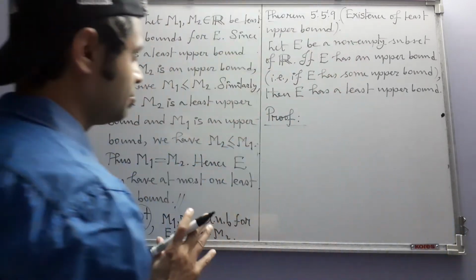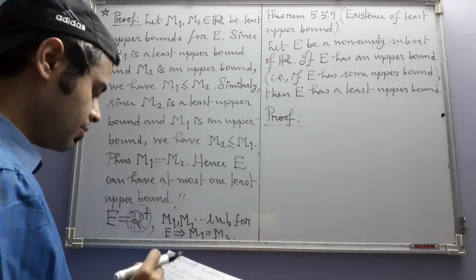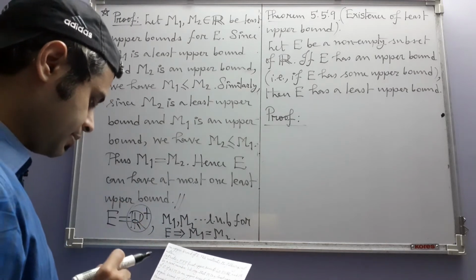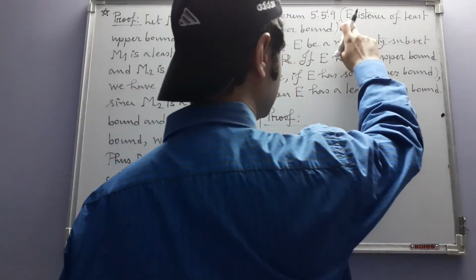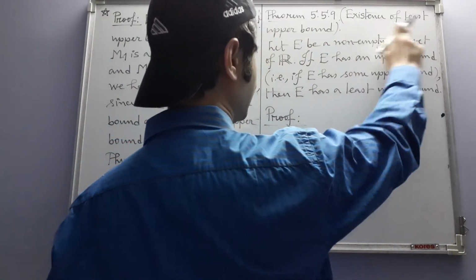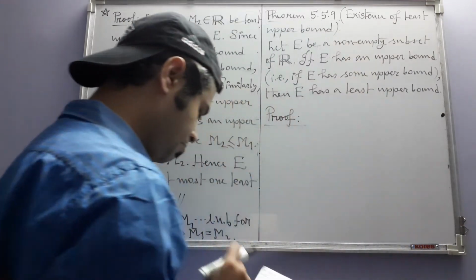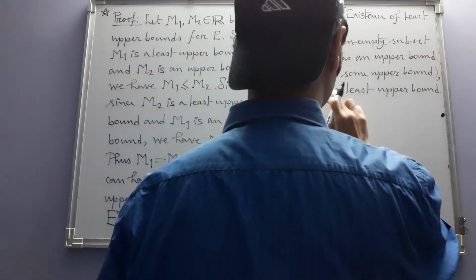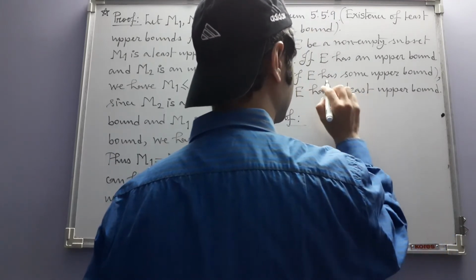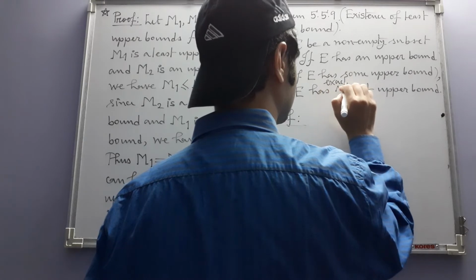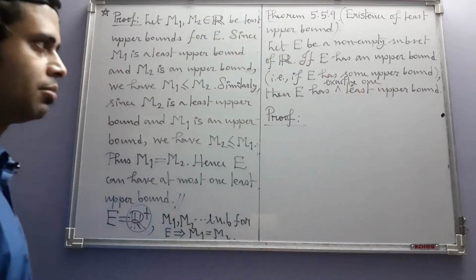Actually the theorem not only says about the existence of a least upper bound, it in fact says that there is a unique least upper bound. So although it's named like existence of least upper bound, the uniqueness has also been made a part of this, exactly one least upper bound.